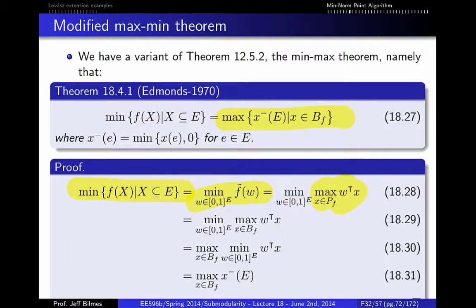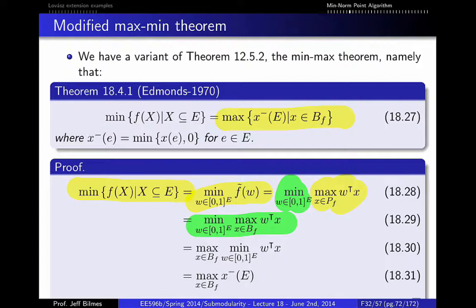And then we're just minimizing over that, which is this part here. And we saw that the Lovász extension can be obtained by maximizing over the base rather than just the polytope, because remember the base always dominates all points in the polytope or in the polyhedron.